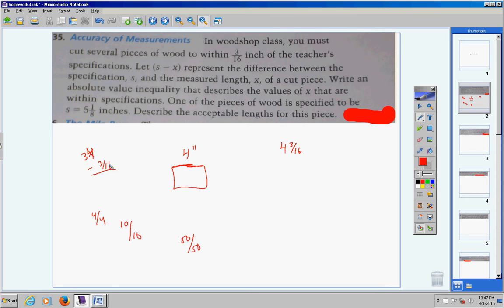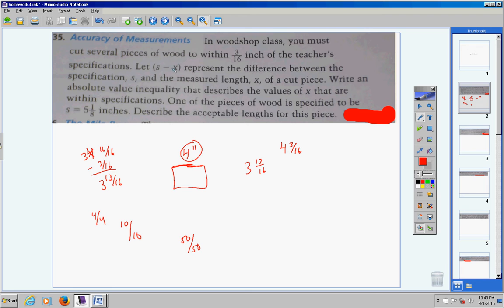Because my denominator is 16, I'm going to use 16 over 16. That's a whole. So I borrowed a whole, and I put it over here. Now 16/16 minus 3/16 would be 13/16. Bring down your 3. So your cut is supposed to be 4 inches, but it can be 4 and 3/16, or it could be 3 and 13/16. So that's what this means.